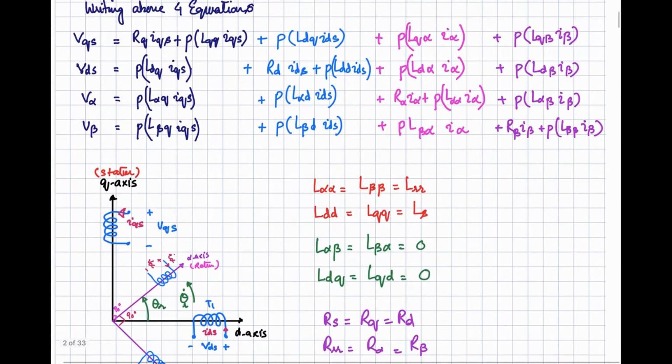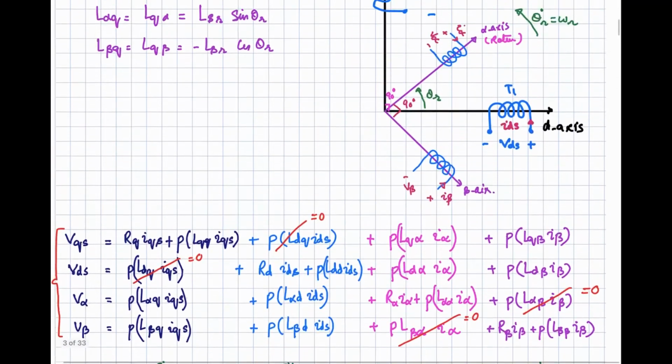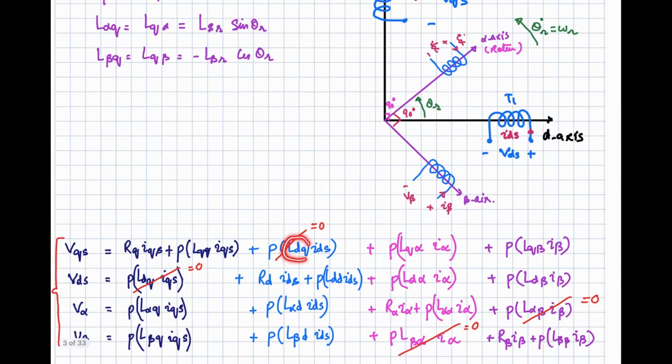So now we are going to update these inductances over here. We have defined these inductances, right? So what about LDQ? LDQ is the inductance within the DQ frame of reference, and these two are orthogonal, D and Q. If the D axis is considered over here, the Q axis will be over here at 90 degrees, so this is going to be 0.